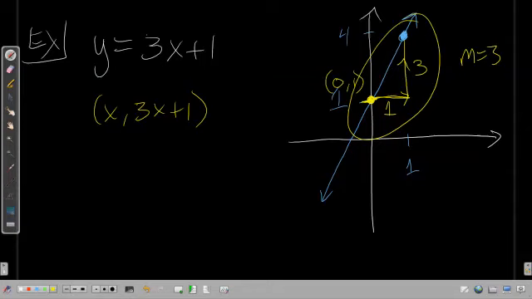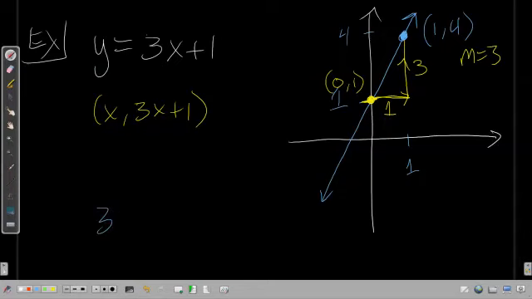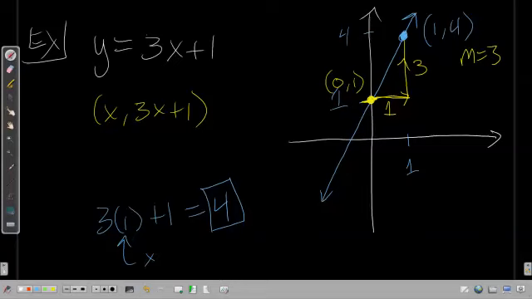You can do it between any 2 points. I just did it with these two. It's the easiest to see. And you wind up here at the ordered pair 1, 4. It has to be 1, 4 because 3 times 1 plus 1 is 4. That's the y value whenever the x value is 1.